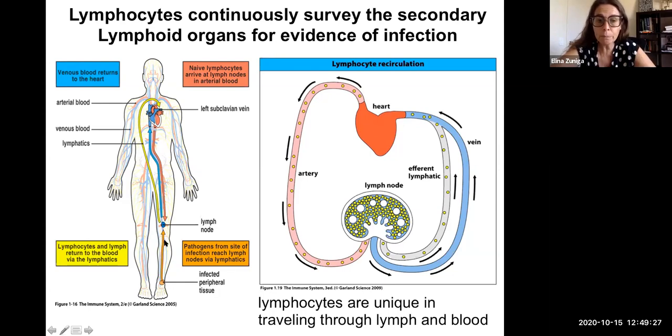And the lymph is bringing pathogen and pathogen-derived products into the very same lymph node, or the draining lymph nodes, from the site of infection, and establishing a meeting place for the lymphocytes and their pathogen. Is that clear?